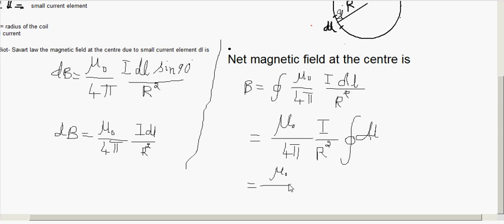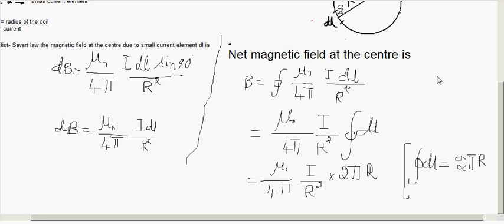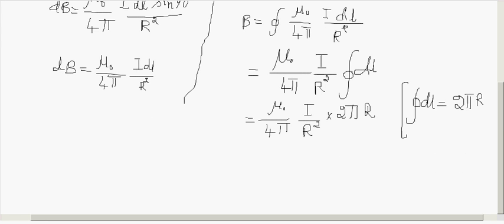So B is mu naught by 4 pi into I divided by r square into 2 pi r, because for a circle the integration of dl equals 2 pi r. Now simplify this. One r will get cancelled.